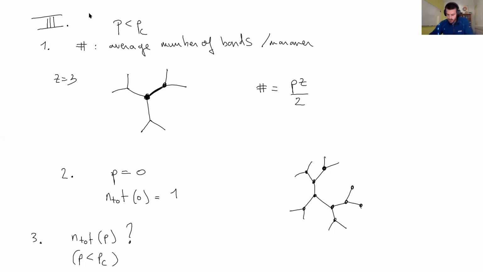Now, let me add this bond, because I'm considering finite P now. So I add one bond. How is the number of molecules in the problem affected? I have 1, 2, 3, 4, 5, 6, 7, 8, and 9.